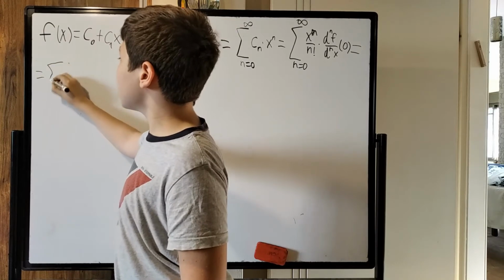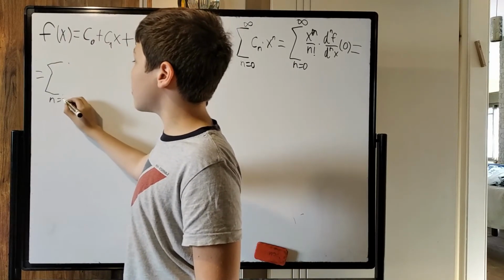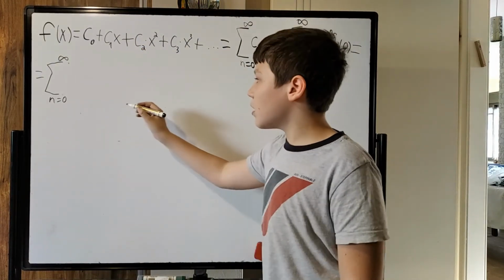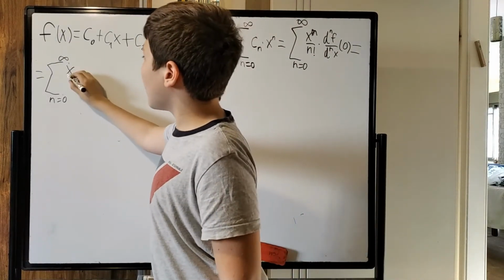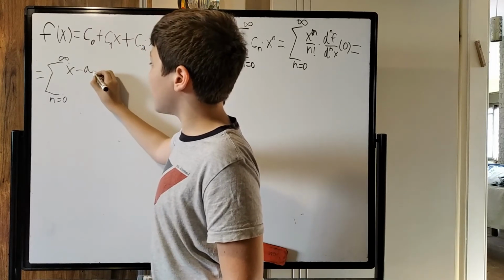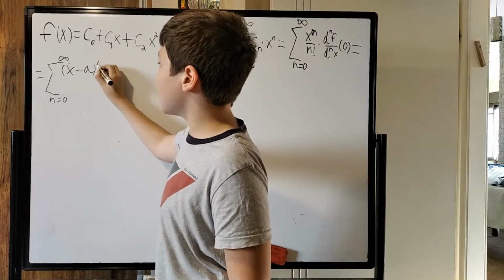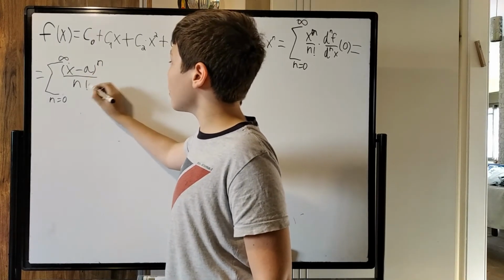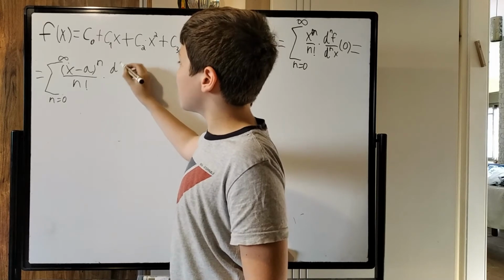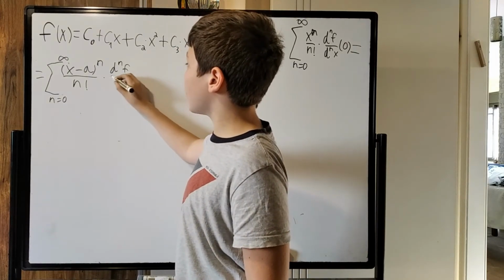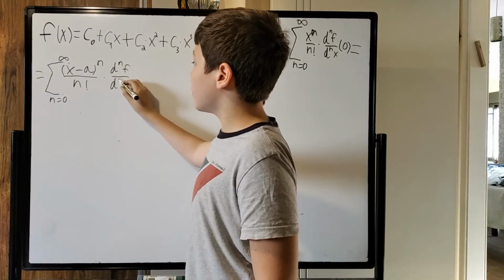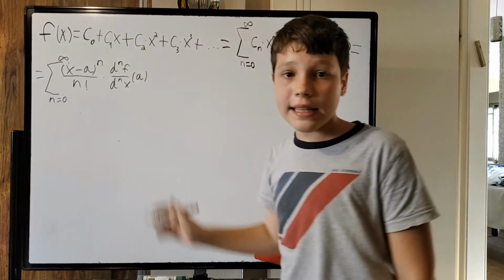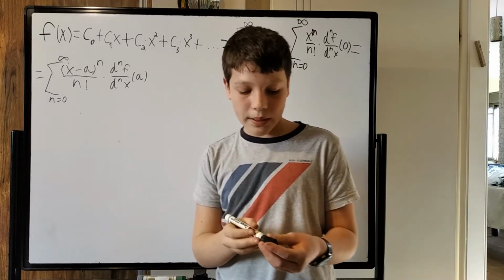Then, like I explained, this is the sum as n goes from 0 to infinity of x minus a to the n over n factorial times the nth derivative of f evaluated at a. And that's it. That's the Taylor series formula.